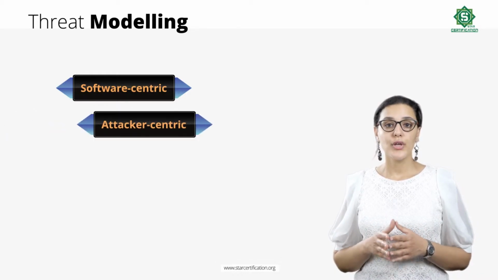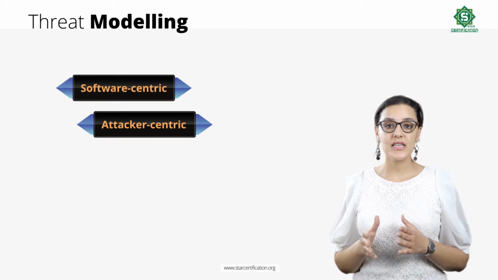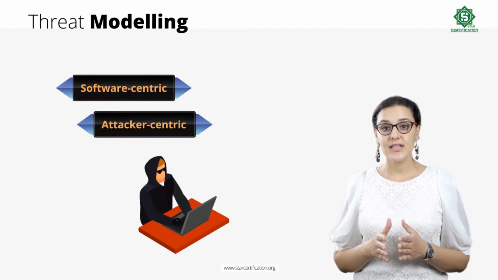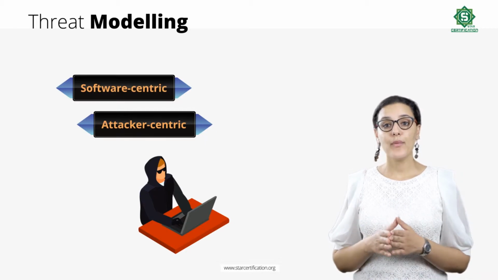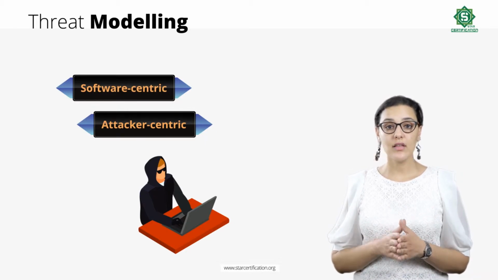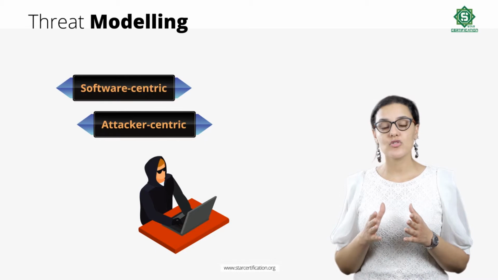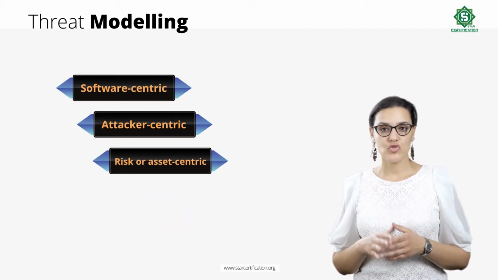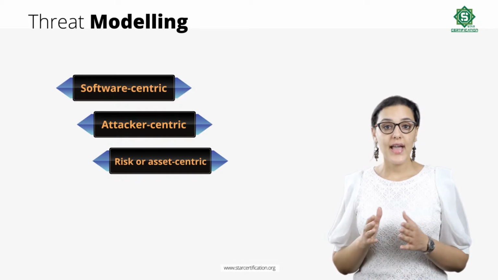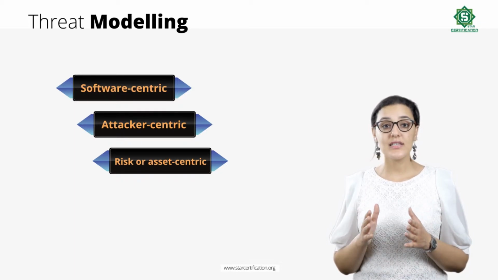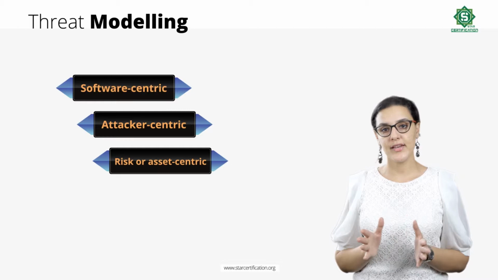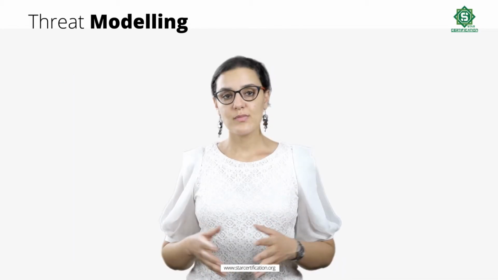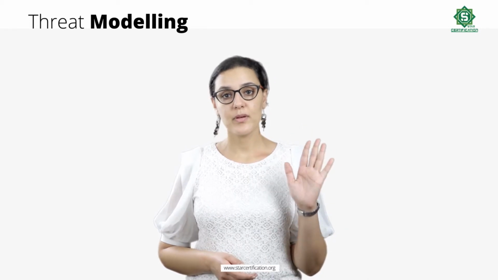This approach uses the characteristics and skill set of an attacker to define the goals, various assets which can be exploited, how an attack can be carried out, and then implementing a mitigation strategy. Risk or asset-centric. In this approach, the assets of an organization are classified according to the magnitude of the risk presented by the attacker. Threat modeling is a 5-step process.